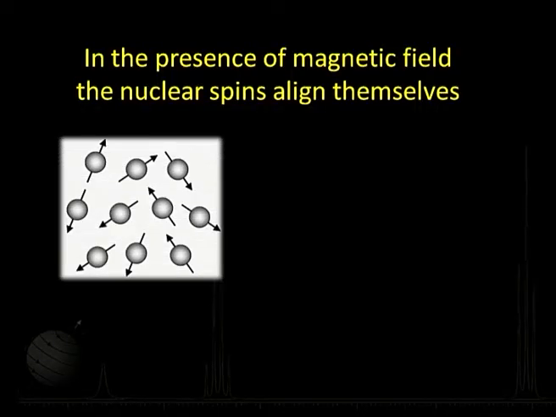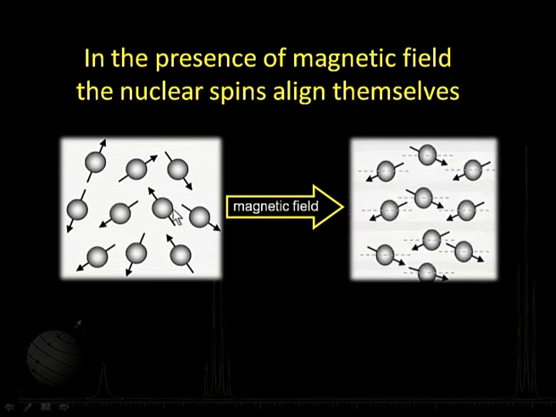But the moment I put this sample into a magnetic field, or apply a magnetic field onto such nuclei, then what happens? These nuclei now align themselves in two possible ways. Either they align with the field, like this, or they align against the field.